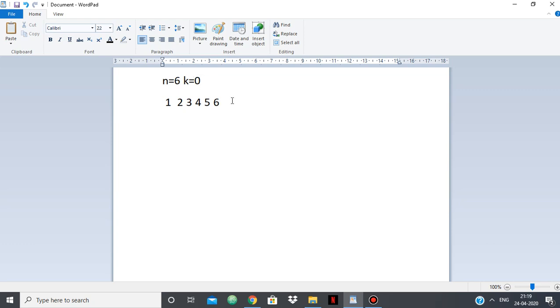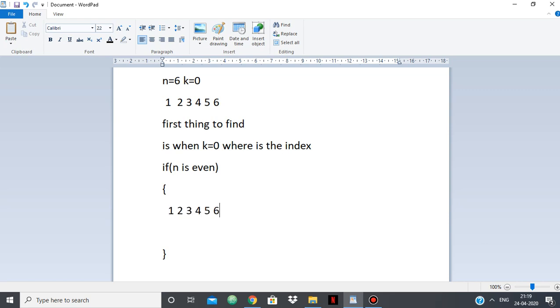So the first thing to find is, when k is equal to 0, where is the index? We'll be doing this in two parts: if n is even, and if n is odd. Why am I doing it in two parts? I'll just show you in a second. So if n is even, suppose I have 1 2 3 4 5 6 7 8.